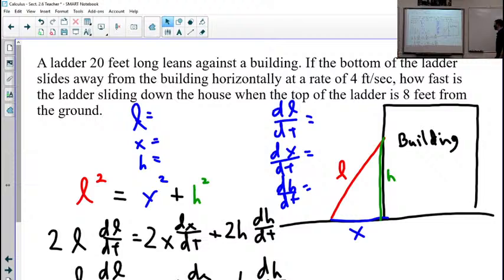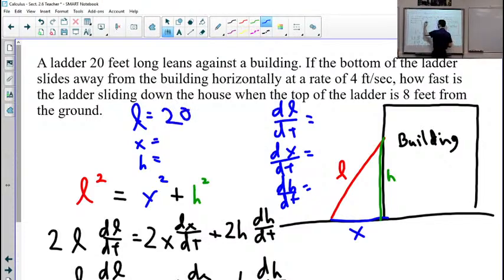All right, let me write down the easy ones first. The ladder's 20 feet. What is 8? Which one is 8? It's the height. So how do we know what x is? Just do Pythagorean Theorem. We know 2 sides. We're trying to find the third.